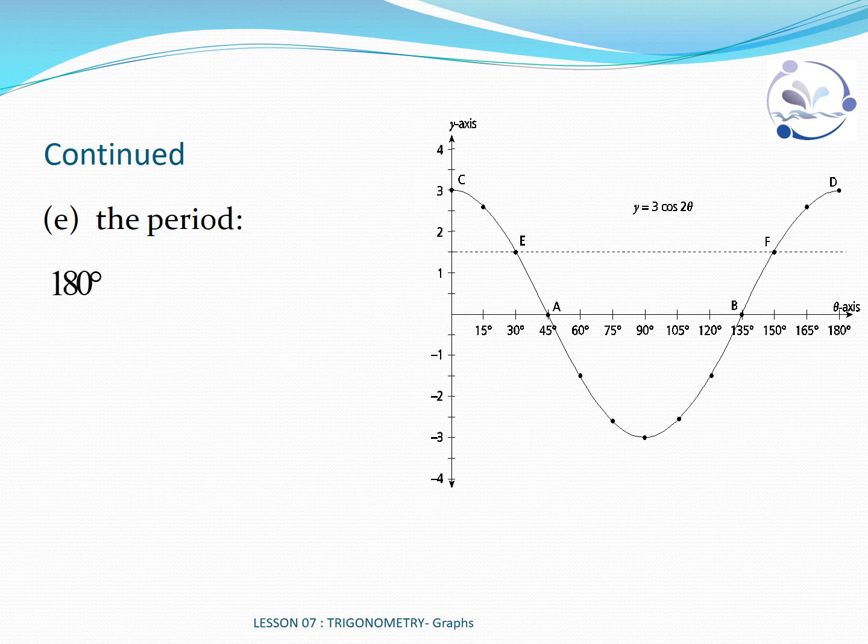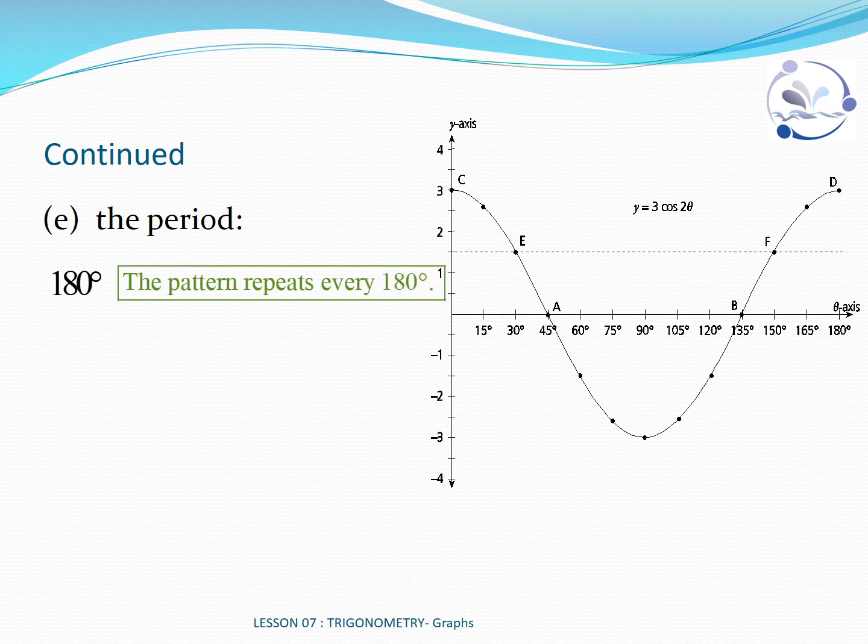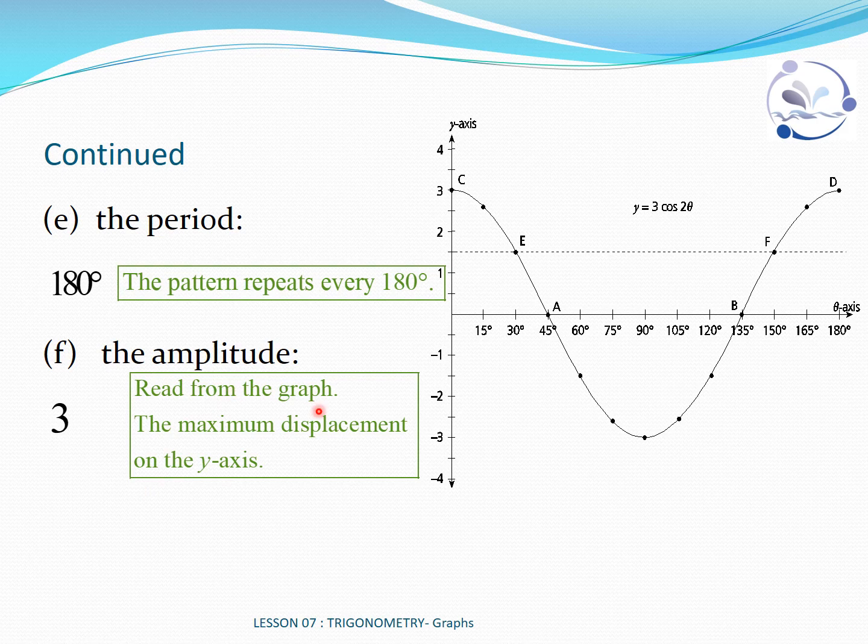The first one we said the period is 180 degrees. So you can clearly see that, speaking of this point on the graph. The second one is the amplitude, how high. The maximum point is 3, and this side is minus 3, so the height is 3 either way. Okay, and lastly, we spoke of the frequency.